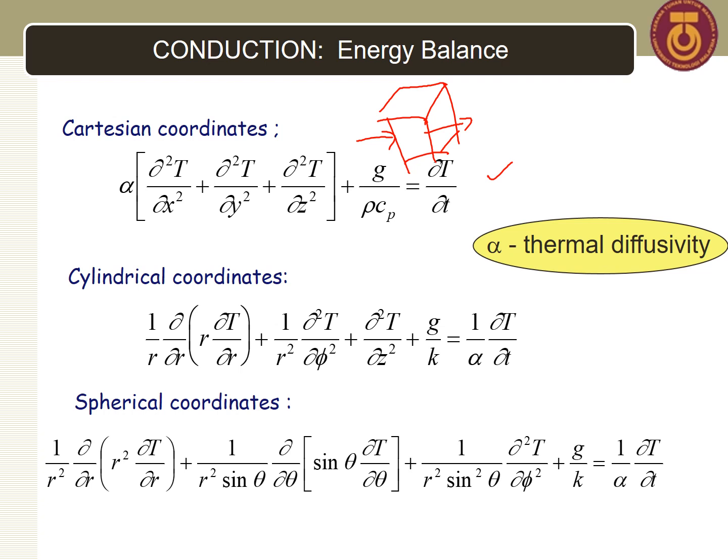Then for a cylindrical system, you start with this. For cylindrical, for example, you have a pipe, and heat is, let's say, being transferred from inside to outside through the pipe wall. So this is an example of cylindrical coordinates.